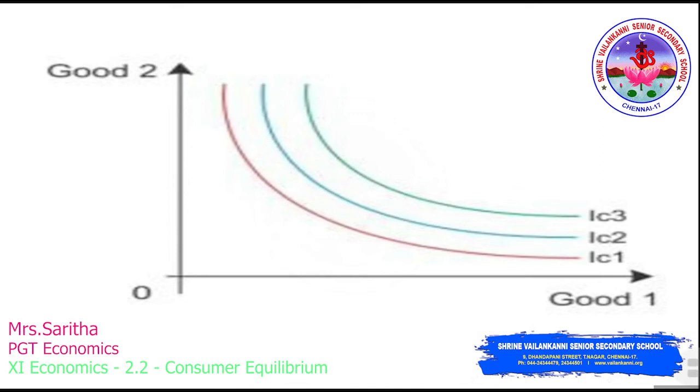It means an infinite number of indifference curves can be drawn. IC1 represents the lower satisfaction. IC2 shows satisfaction more than that of IC1, and a higher level of satisfaction is depicted by the indifference curve IC3. However, each indifference curve shows the same level of satisfaction individually.